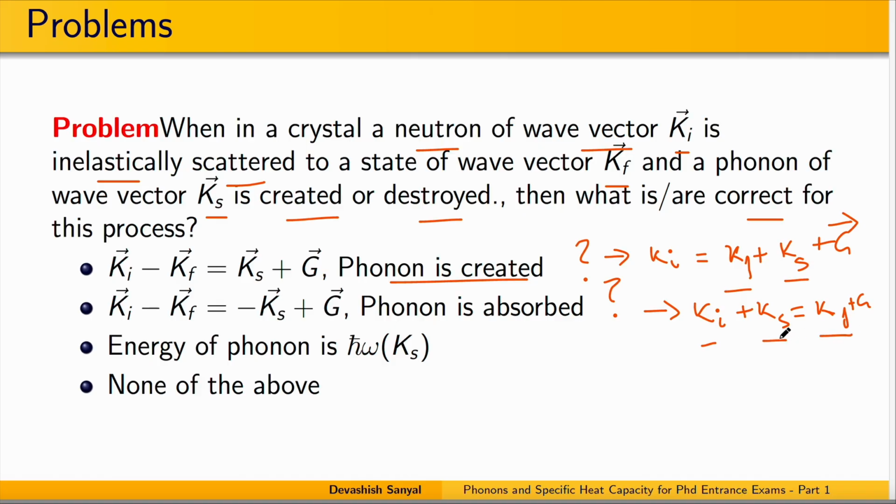So this is absorption of phonon. And obviously the energy of a phonon is given by H cross omega Ks. This is a dispersion curve, so an omega versus K curve will be there for the excitation. So the energy of the phonon is H cross omega. So these three are correct.